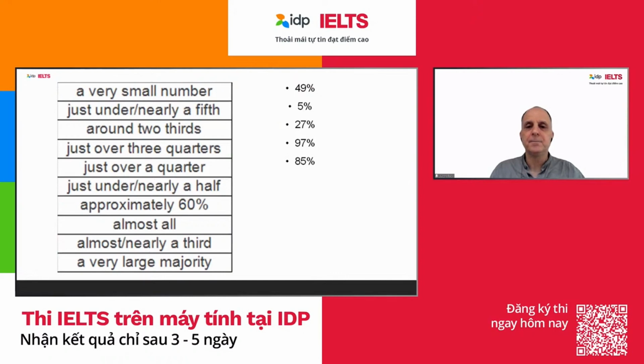85. That's it, very good. A very large majority. 58. That's it, approximately 60. You should always write approximately as well instead of approx, but this is good for here. 32. Almost at a third, that's right. 77.